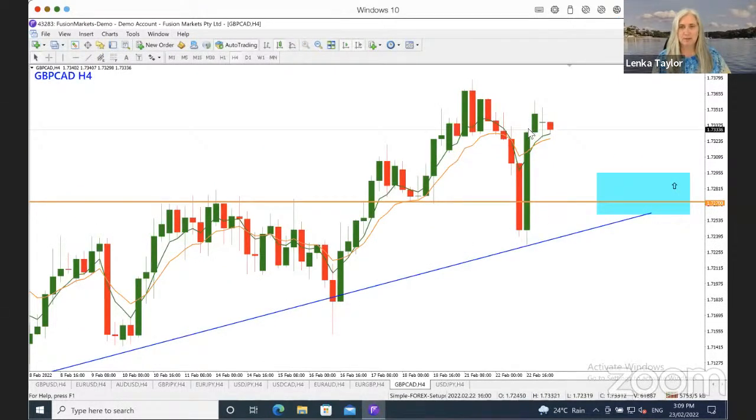The last bar is very oversized, so I'm not going to trade that. But if there is a reversal back down and a good reversal with either a false break or very strong reversal towards the support here, then I would be looking for a long opportunity.